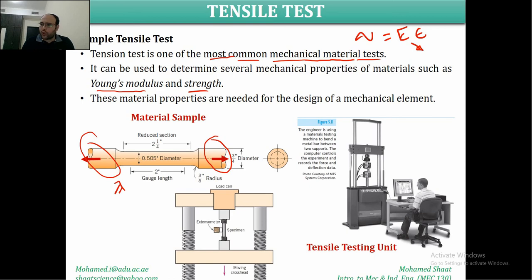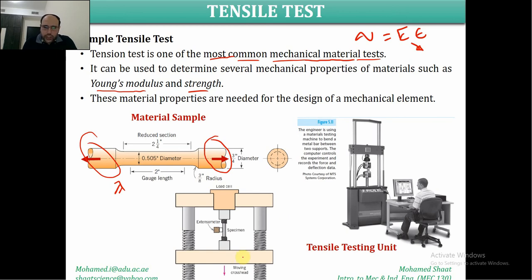So the test works in this way. We manufacture this material sample, then we fix it over the machine. The machine has two parts or two sides. This is one end of the sample that would be fixed in one end of the machine, and this is the other end of the sample that will be fixed in the other end of the machine. And this is a schematic representing the simplest form of this machine, which is like a power screw.